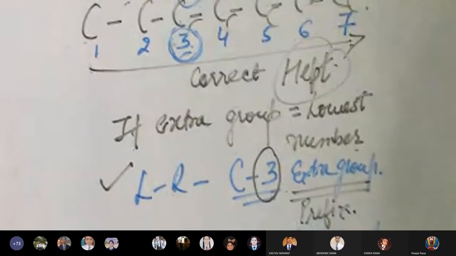Now to understand this, you can try exercise question number 2, 194, and tell me what the correct numbering will be. Here you will find an extra group. First try all the possibilities of how we can number it. Shashwat has already done it.